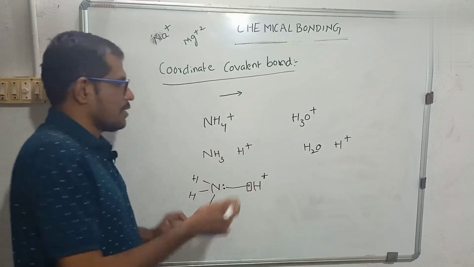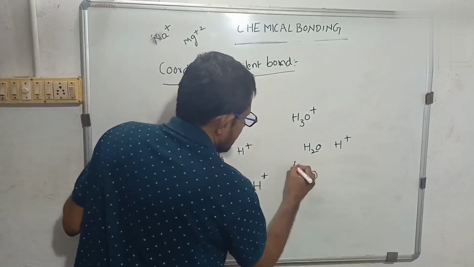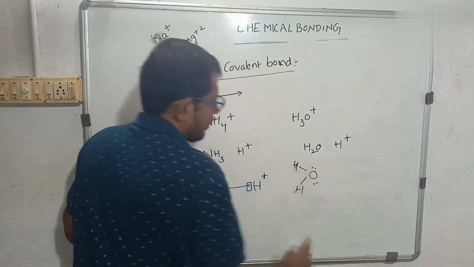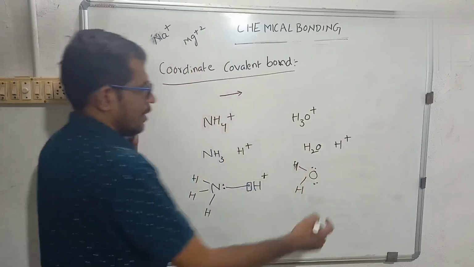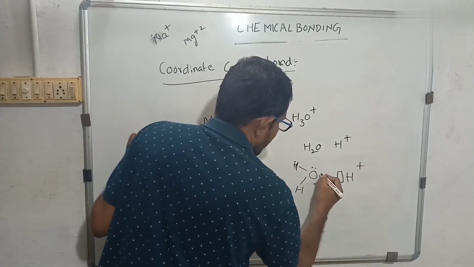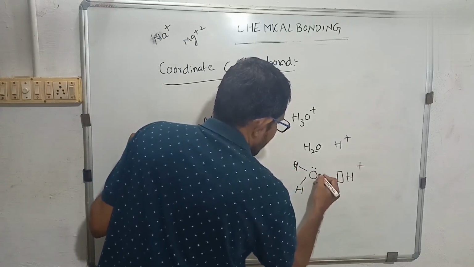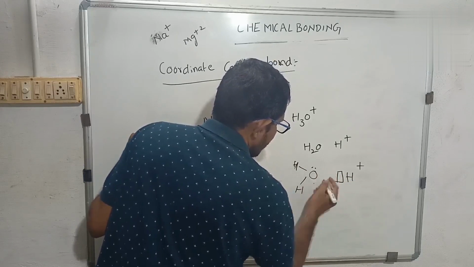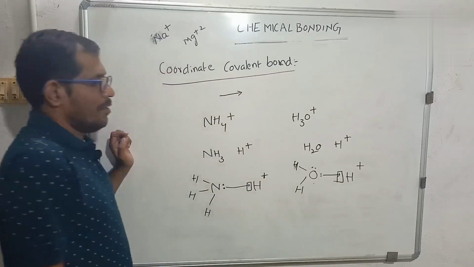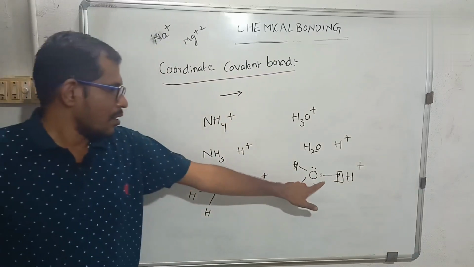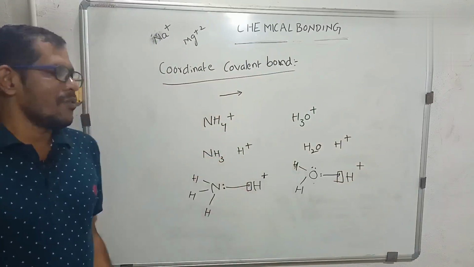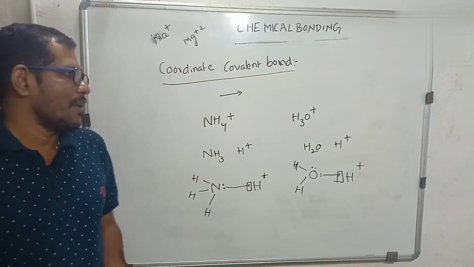Take H2O: if you write the Lewis dot structure for H2O, it will come like this, and H+ has a vacant orbital. One of the lone pairs on the oxygen atom will be donated to the H+ ion. In such a way, a coordinate covalent bond will be formed.